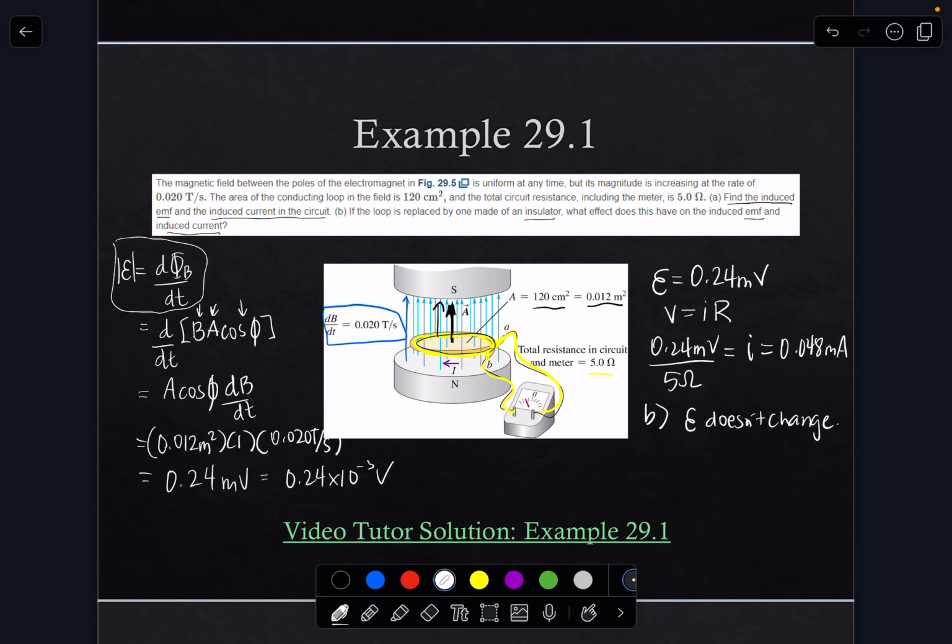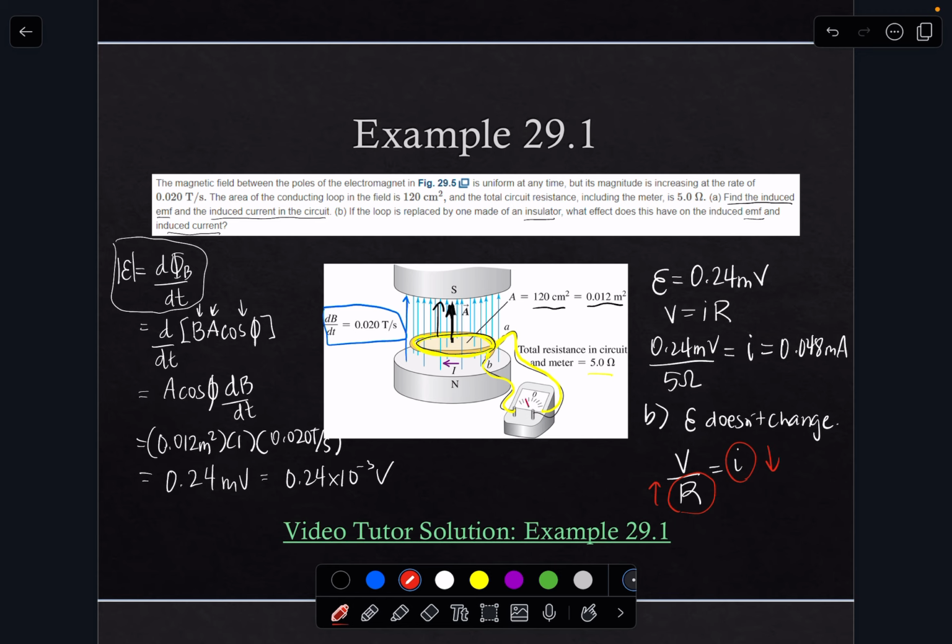But does the current change? Well, the current is given by V over R. So if R were to suddenly increase, then the current would certainly decrease, right? So if I were to stick a piece of wood there, and I was able to measure the EMF of the wood, I would still see 0.24 millivolts, but the current that EMF is providing energy for, it's not enough to push it through a really high resistance.